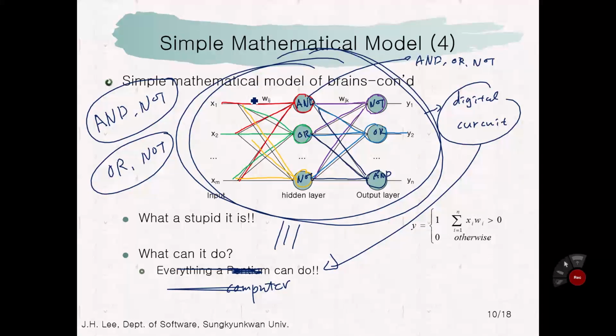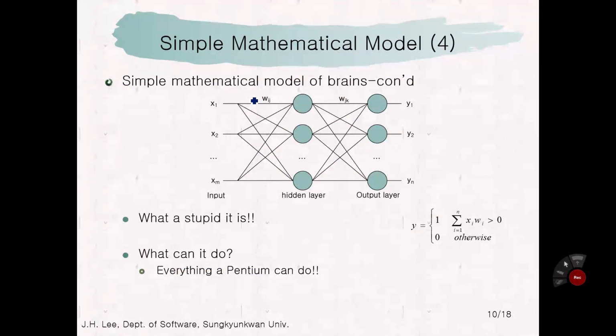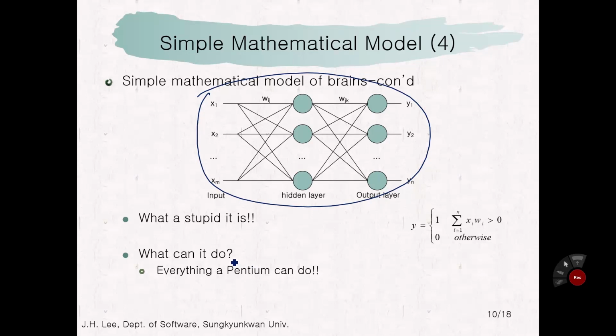Okay, and then maybe the next question. Okay, this is very interesting. This neural network and a computer, they are equivalent. Then why do I use a neural network? I already have good and cheap digital computers. Many computers you already have, right? First, you have a cell phone. This is a computer.